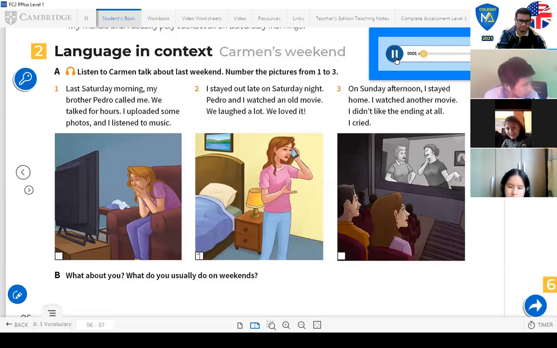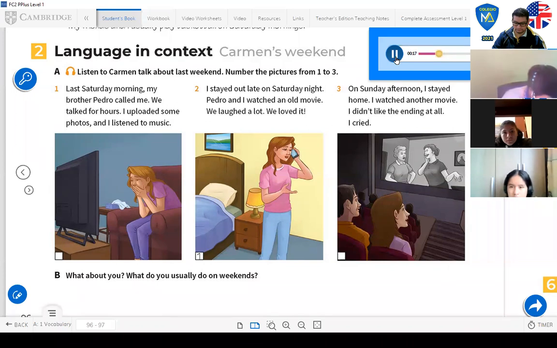Page 96, Exercise 2, Language in Context, Carmen's Weekend. 1. Last Saturday morning, my brother Pedro called me. We talked for hours. I uploaded some photos, and I listened to music. 2. I stayed out late on Saturday night.